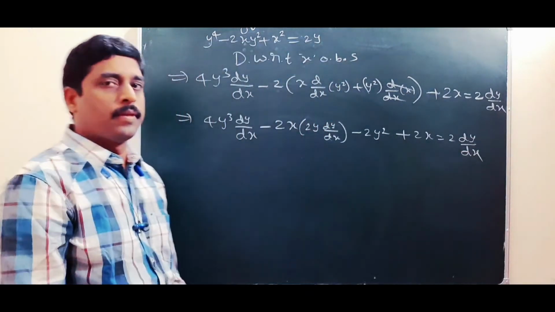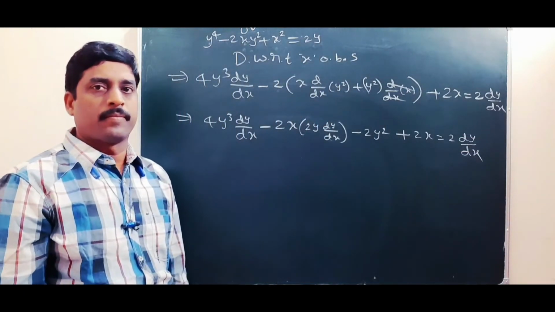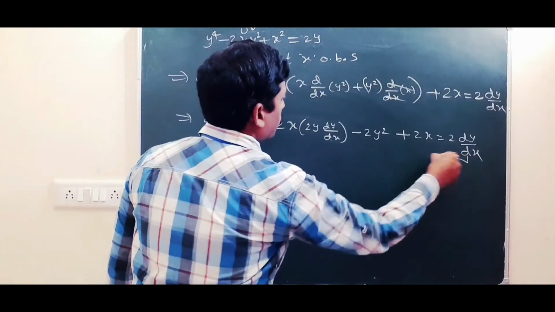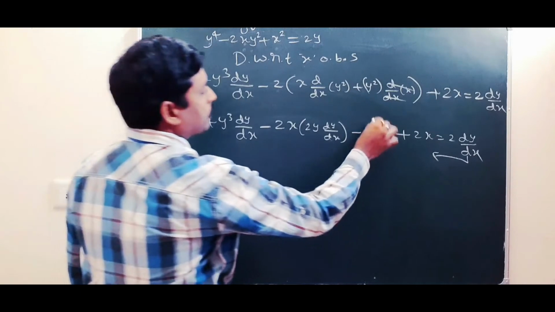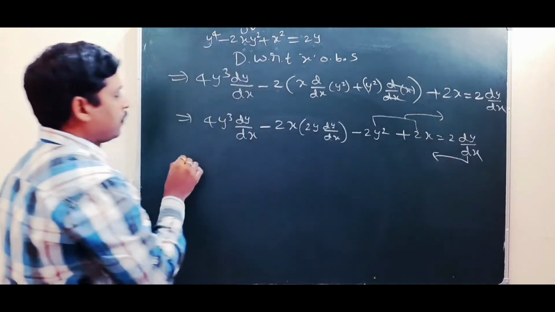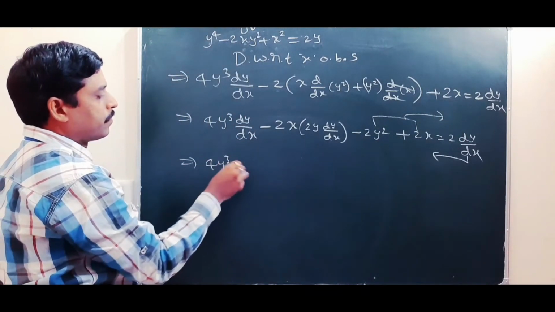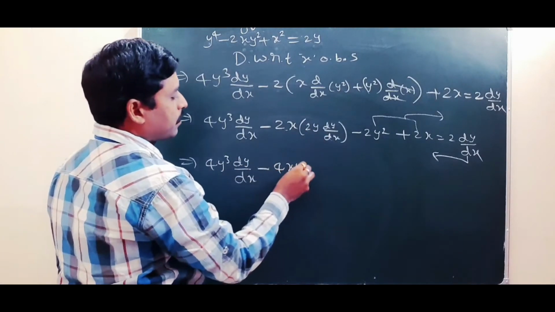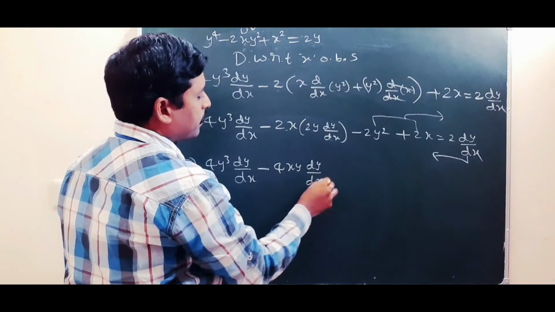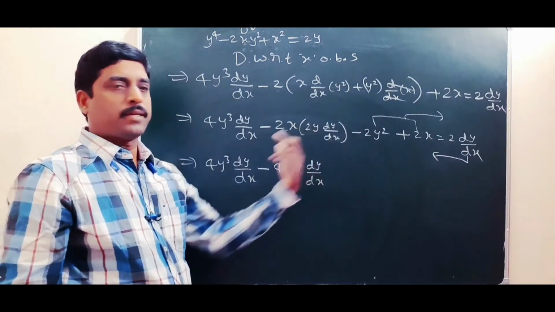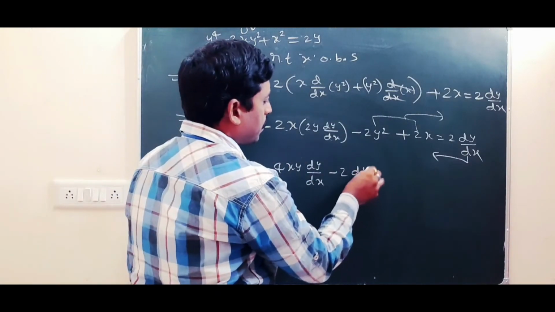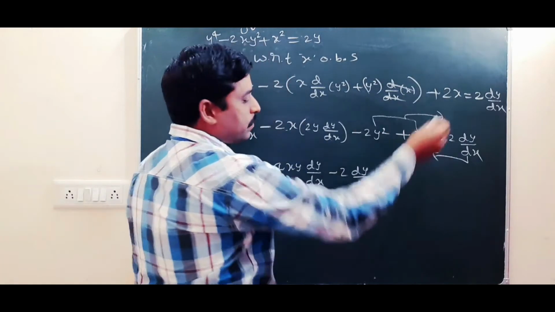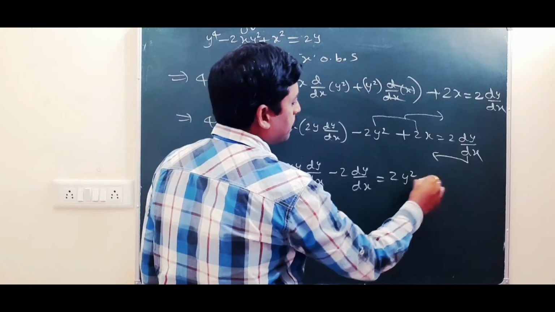Okay, but our target is dy by dx. We collect the dy by dx terms: the dy by dx terms we bring to the left side, and these two terms we bring to the right side. 4y cube dy by dx minus 4xy dy by dx plus 2 dy by dx bring the left side, minus 2 dy by dx. This will be minus 2y square is plus 2y square minus 2x.